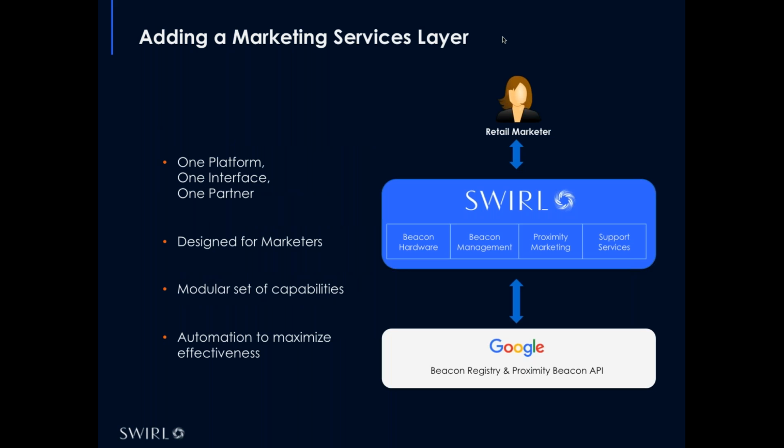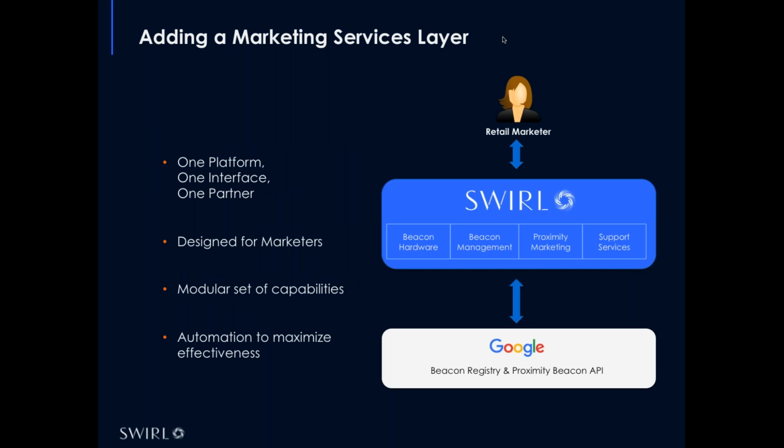So one of the things that we have done, Swirl, as a mobile presence platform provider, is we wanted to find ways to help retailers take advantage of this great capability, but make it easier for them to do it at scale.